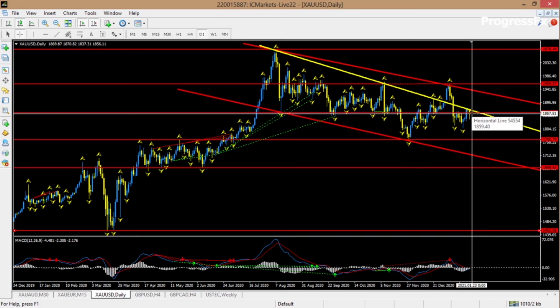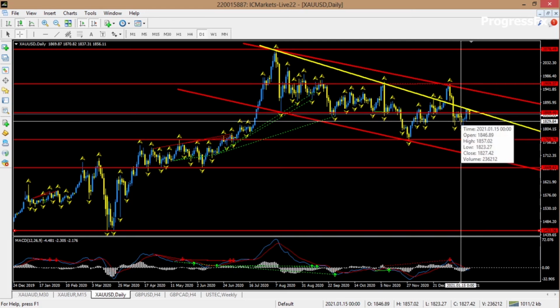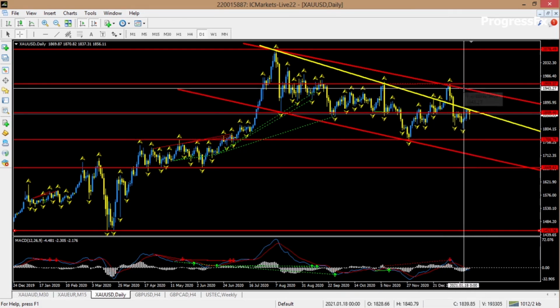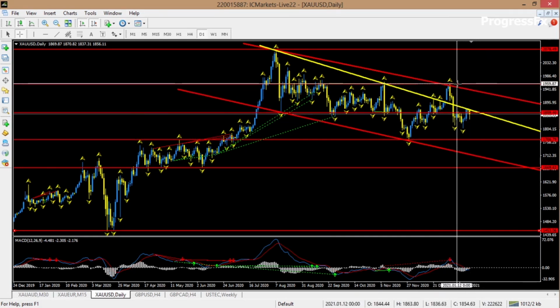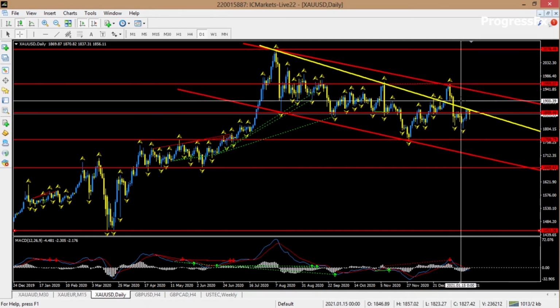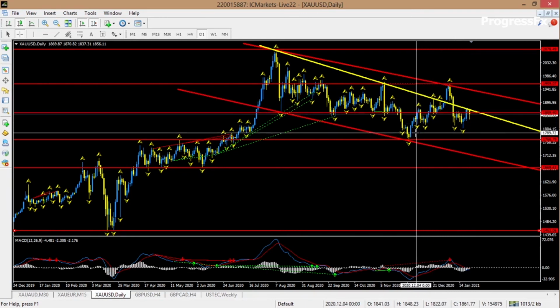The possibility is there, no doubt about it, because currently it is still trying to develop an uptrend trend line. That is how it used to start.